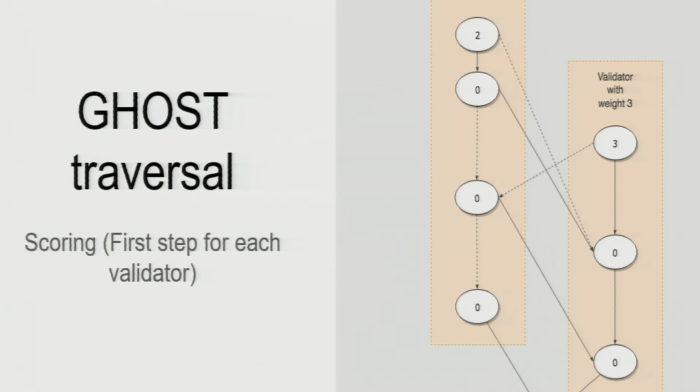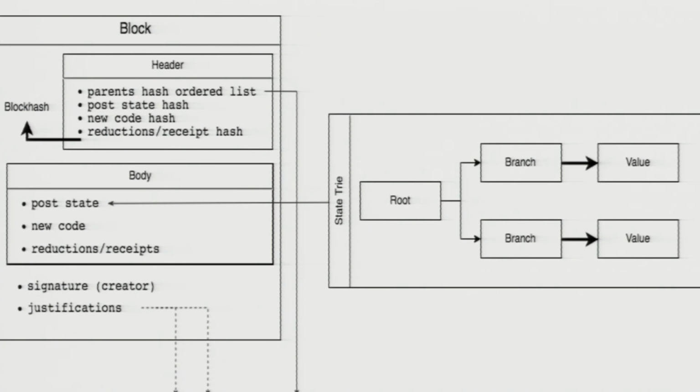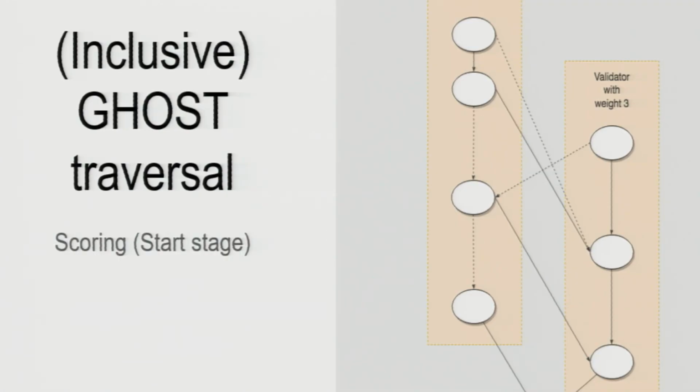Sometimes I've not actually included justification pointers because it's implicit in the previous block, or you don't change where you're pointing to from the previous block. And if you have a parent that takes a further role than the justification, you don't need an explicit justification there too. But essentially, it's important because you want to see what that creator saw as the latest blocks for each of the validators.